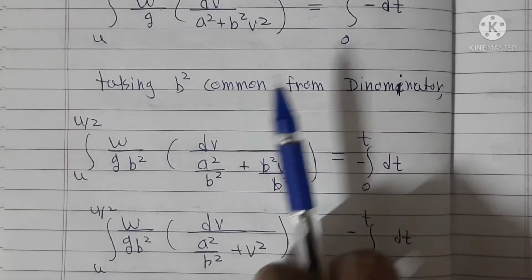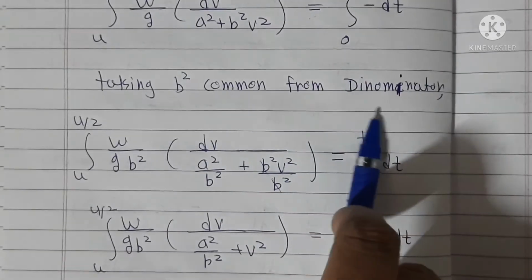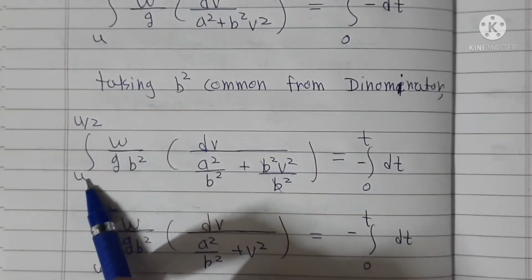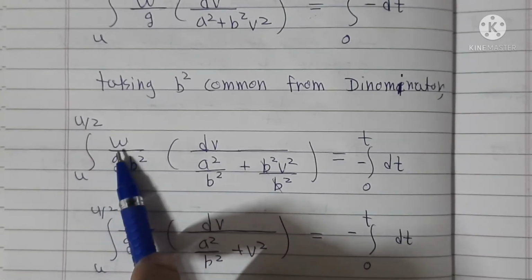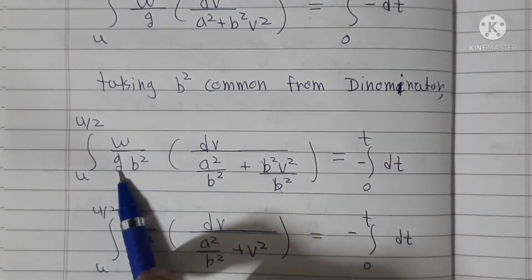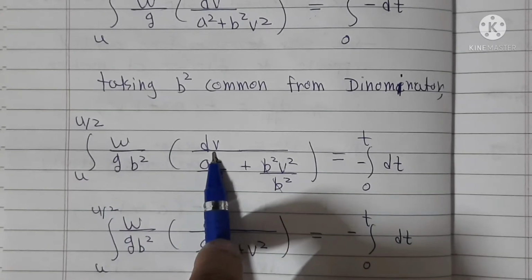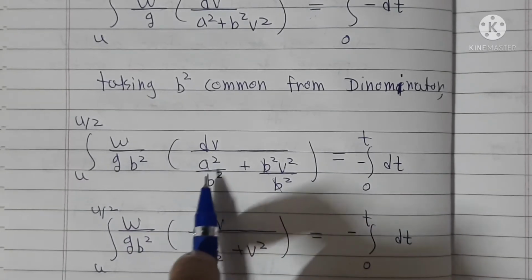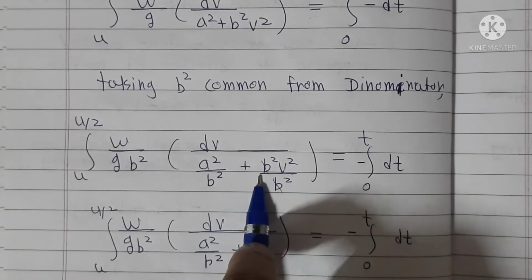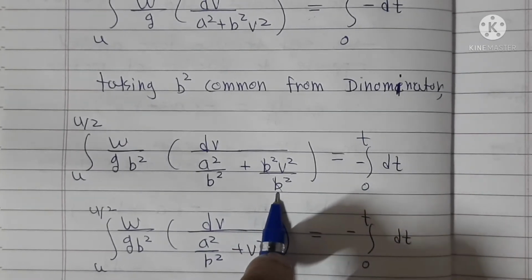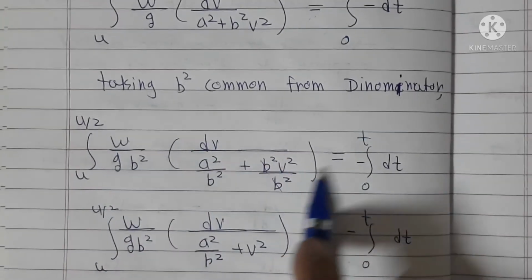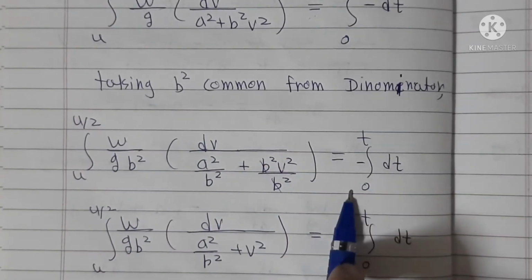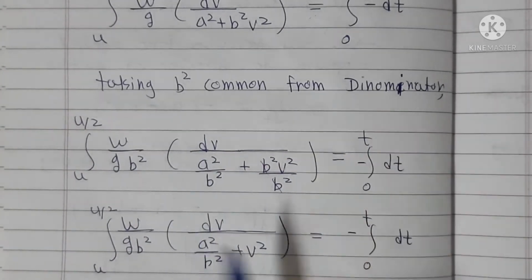When we apply the sudden brake, there is a decrease in velocity as well as a resulting retardation. Now taking b square common from the denominator, we get the integration of W upon g b square into dv upon a square upon b square plus v square, from the limit u to u upon 2, equal to the integration of dt from 0 to t with the minus sign.